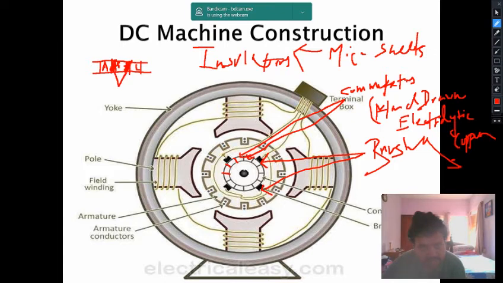So these two are mica sheets, and A, B, C, these three are commutator segments.